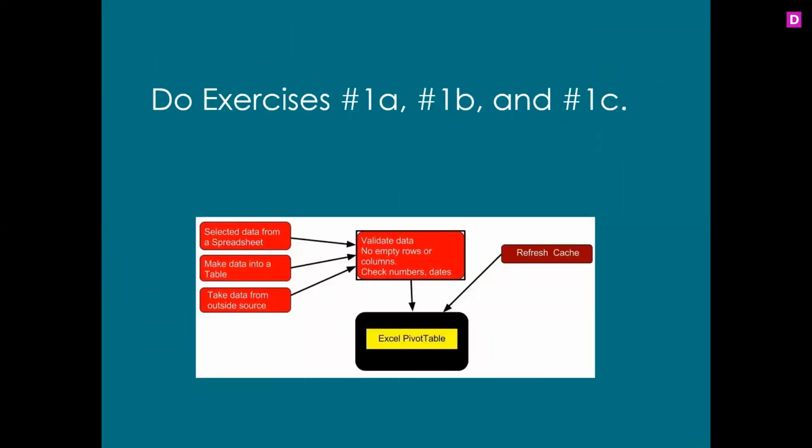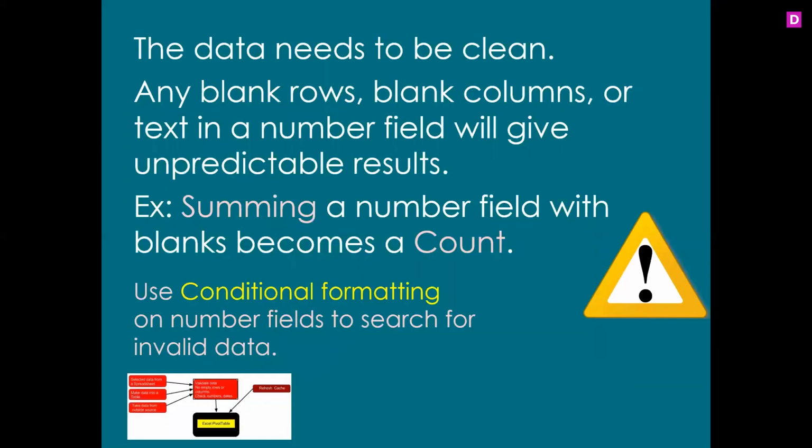We will create this in exercise 1A and 1B. You can see the cache memory is available, so if you add or delete any data, the cache file must be updated.